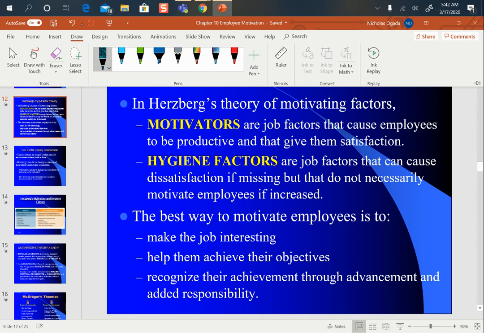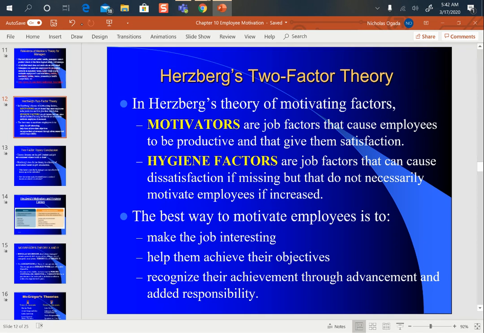So factors that cause satisfaction are the motivators, but hygiene factors are factors that cause dissatisfaction only if those factors are missing.